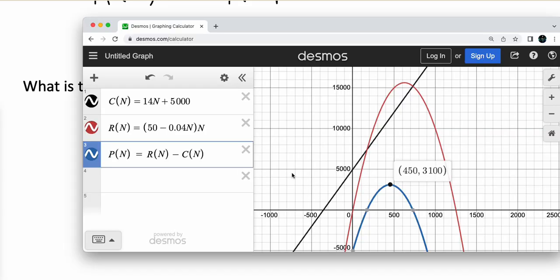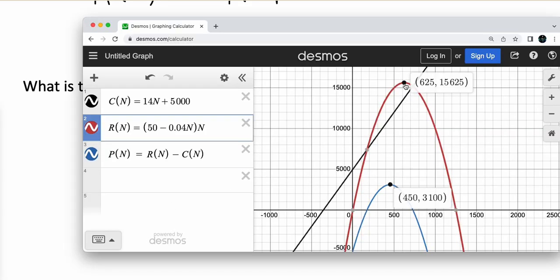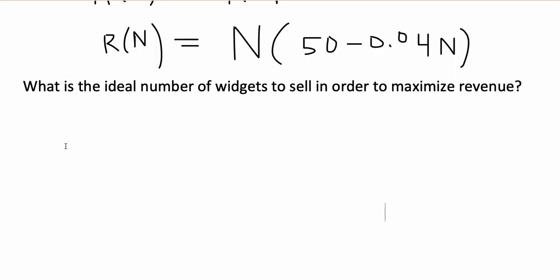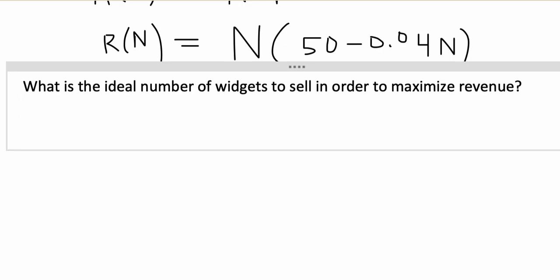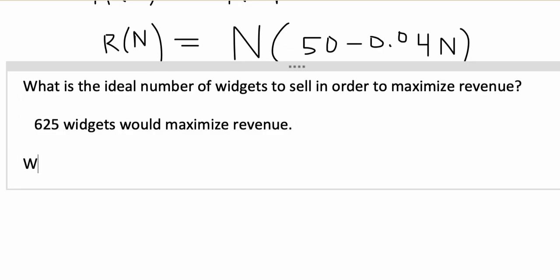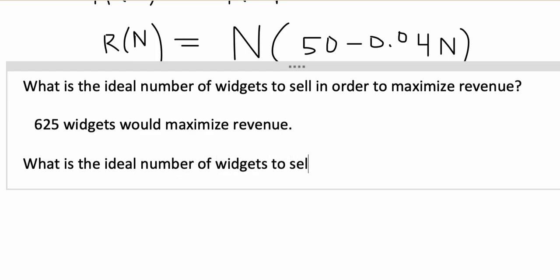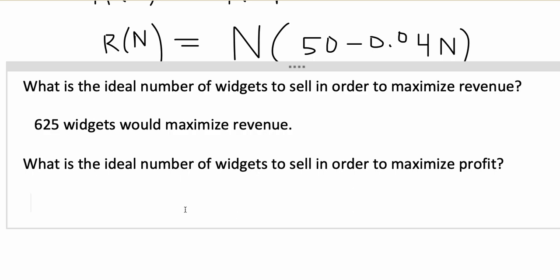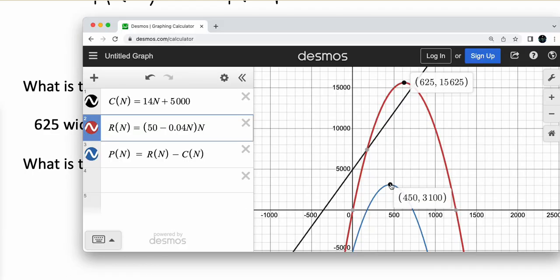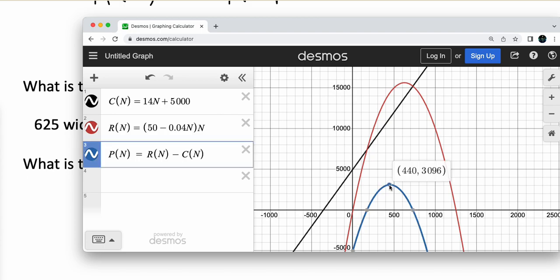Just go back to your graph, click on your revenue function, and get that from the horizontal value there, 625. Okay, another question you might be asked: what is the ideal number of widgets to sell in order to maximize profit? So you go back to your graph, now click on the blue. Okay, so our ideal number would be 450.